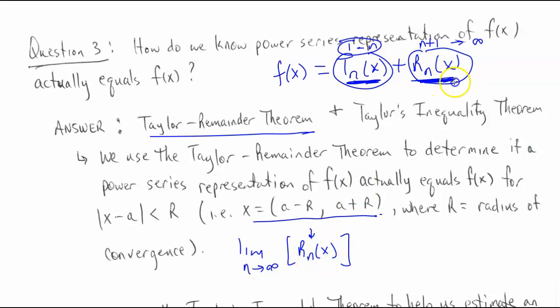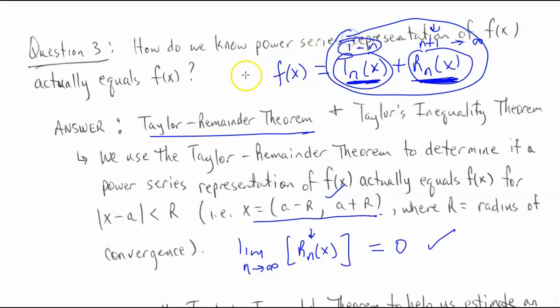And if I take the limit of the n plus 1 terms plus the n plus 2 terms all the way on to infinity, and it goes to 0, then I know this condition, and picking values of x within the interval of convergence for the power series will guarantee me that the power series representation of the function is mimicking the actual function exactly. Okay, so the polynomial that we come up with will be an exact representation of the actual function that we're dealing with. So that's what the Taylor remainder theorem says.